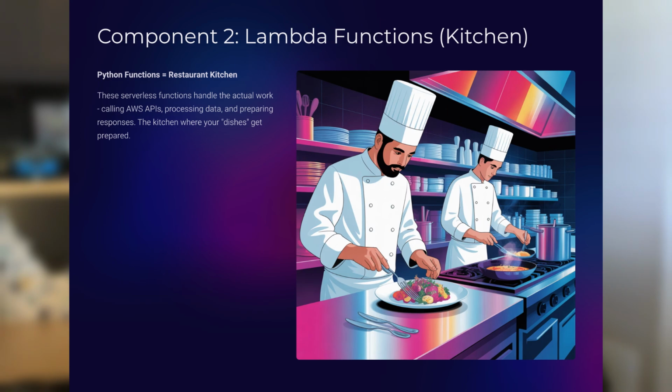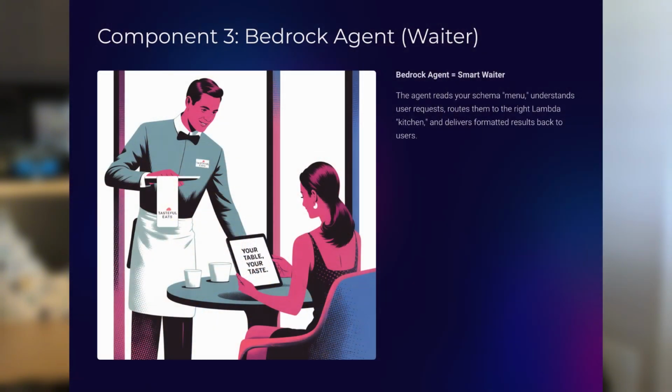They do the actual work of calling AWS APIs and processing that data, okay? And then we move on to component 3, which of course is the Bedrock agent, which is the waiter, right? The agent is like a waiter, and it reads the menu, takes your order, routes it to the right kitchen, and serves the results, right?